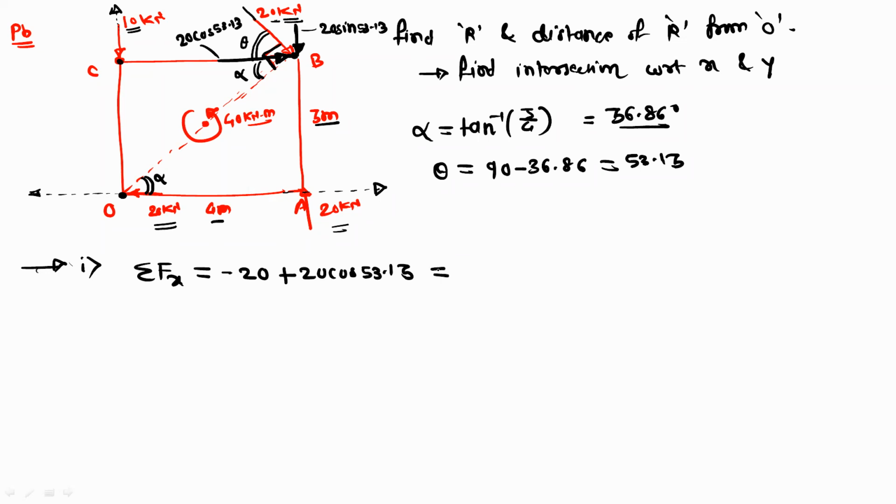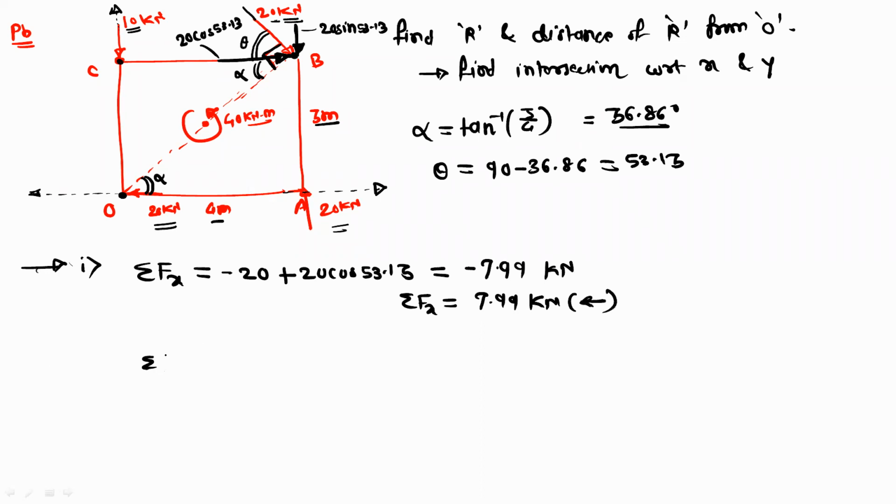This is equal to 7.99 kilonewton. That means summation Fx is equal to 7.99 kilonewton in the negative x direction.